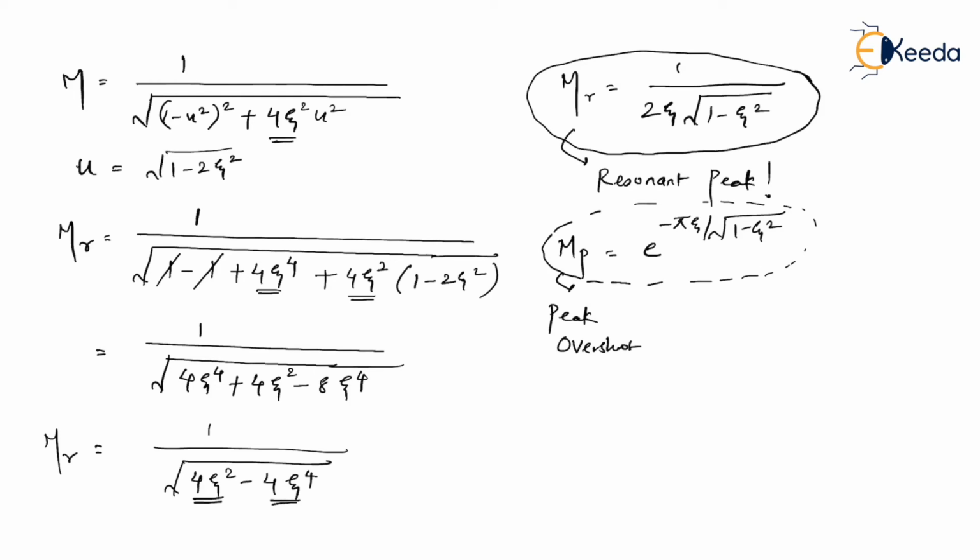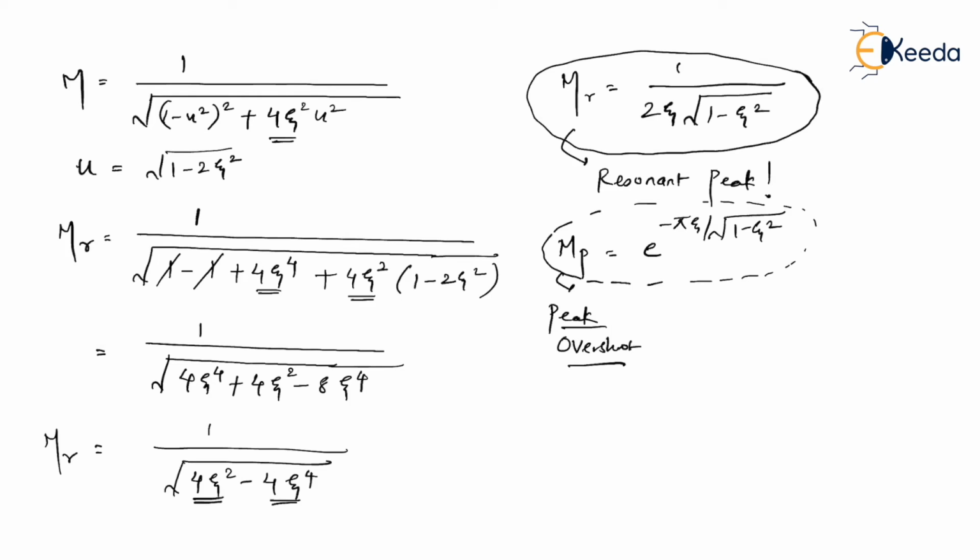Let me tell you very clearly. See, when you get the maximum value of current or maximum value of voltage at a particular time, those values of current and voltage we generally call a peak value, and that's the reason why it is called a peak overshoot. Yes or no? The reason why the voltage maximum value and current maximum value should be known to you is so that you can provide the proper insulation in the system.